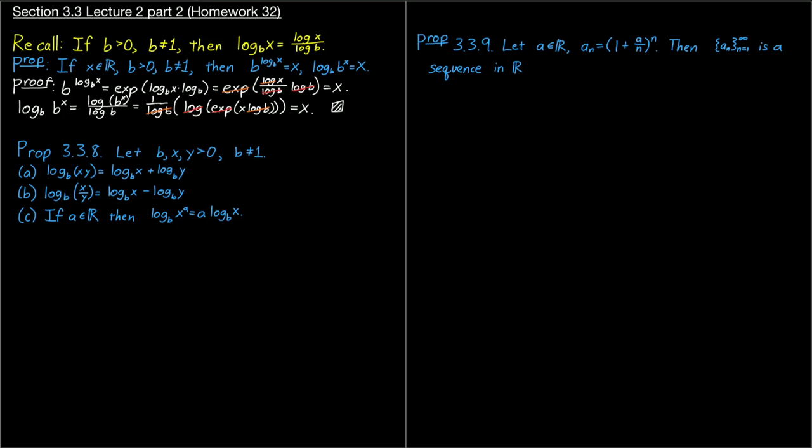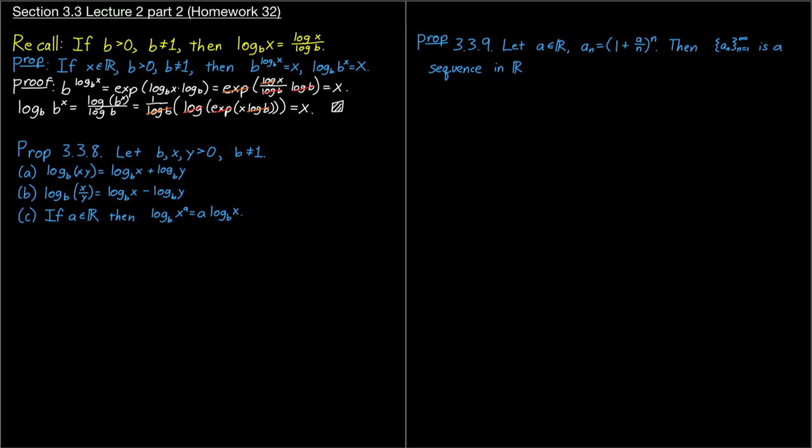And notice that all we have to do to define A sub n is divide a real number by an integer, add 1, and then take it to an integer power. So what I just wrote down doesn't rely on anything we've done in this section. I could have defined these A sub n's all the way back in section 1.2.